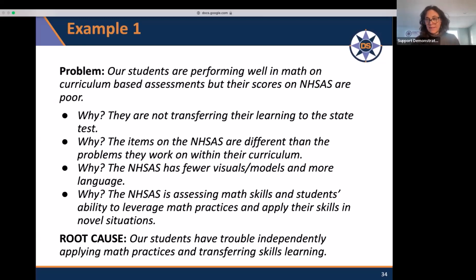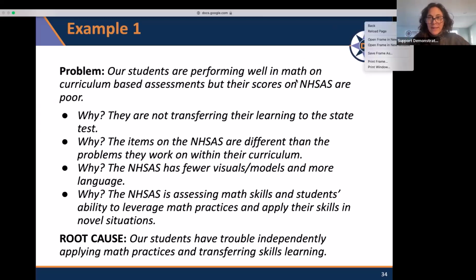So you may consider some solutions like taking out the scaffolds periodically for kids, using SAS items, integrating those New Hampshire SAS items throughout your instruction, doing an analysis of same standard items from your curriculum documents to the SAS and holding those items side by side and looking at the differences in language, in models, and multi-step, all that sort of thing. Okay, so there was one example.